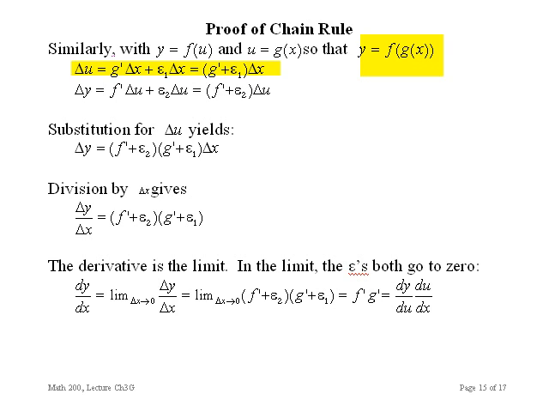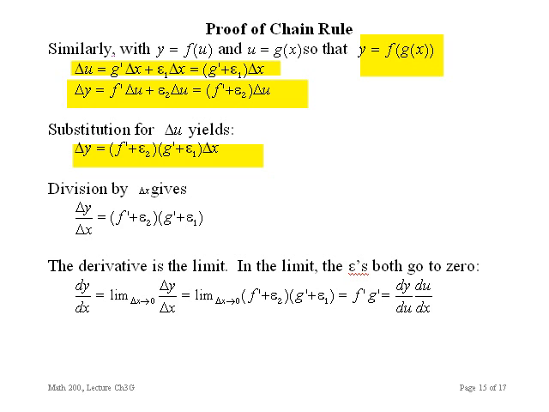I can do the same thing here for the change in y. Delta y equals this derivative times delta u plus how far off you are. Epsilon 2, again, is a measure of that error. Now I'm going to substitute delta u into my expression for delta y, and I get this. The change in y equals the derivative of f plus its little error, times the derivative of g plus its little error, times delta x.